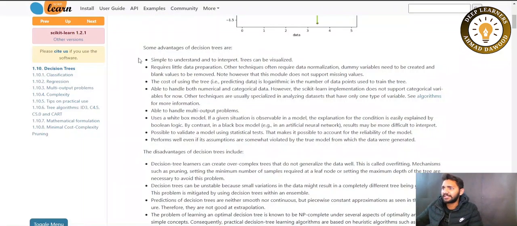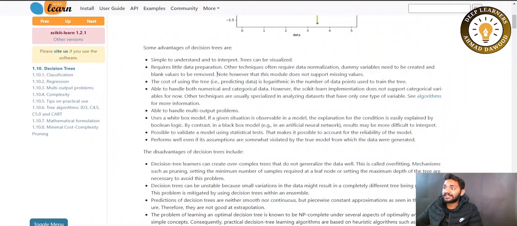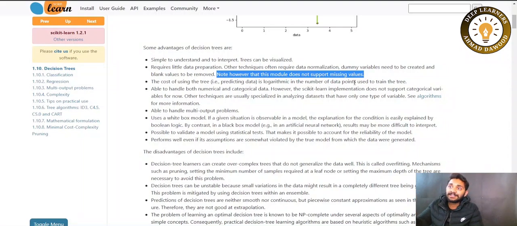For example, here you can see this second point, which shows that the actual CART algorithm, or actual decision trees, are not affected by missing values. But till now the scikit-learn module cannot support missing values. We have to treat missing values before feeding the decision tree that is implemented in scikit-learn.